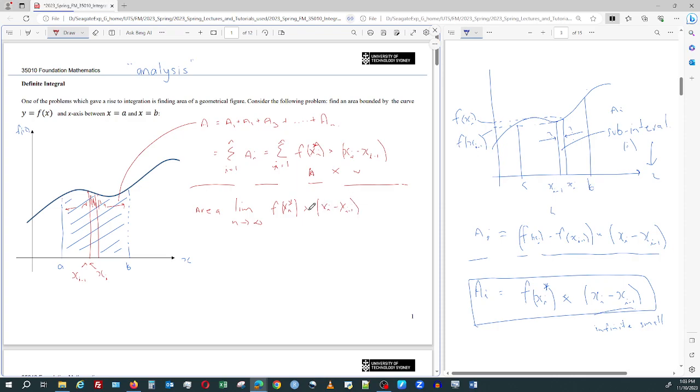And so we get this idea that that will come to some value. And this is called the limit of Riemann sums.